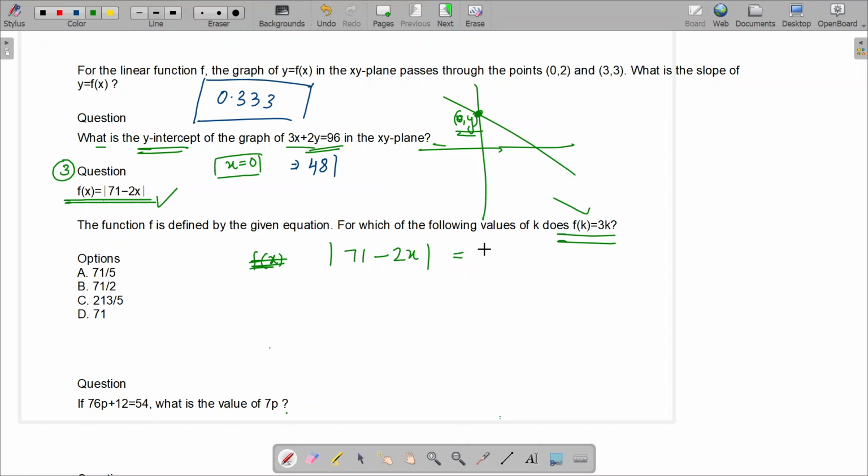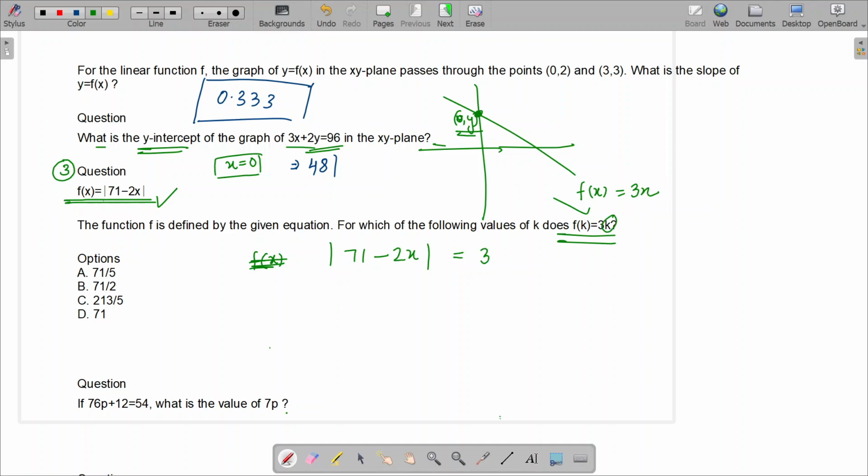But can I replace this k with x and write 3x instead of 3k? Because Desmos does not understand k, it only understands x and y. It can only graph the value in terms of x and y only. Right? So I'm going to replace this k with x.